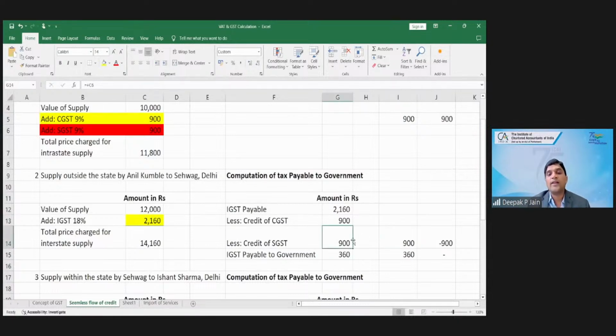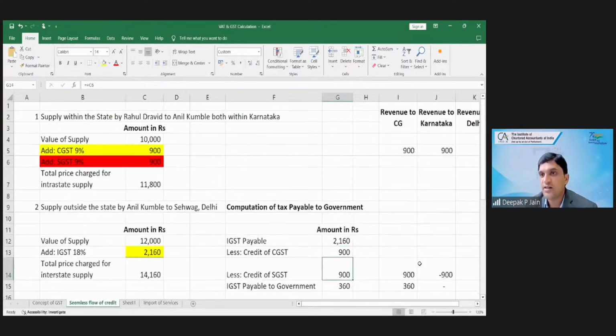Now, when I pay this IGST, I've utilized 900 of CGST, 900 of SGST. So what happens? The integrated tax is designed in such a manner that it will collect the taxes from the state you are claiming the credit. So for paying IGST, you are utilizing the SGST.